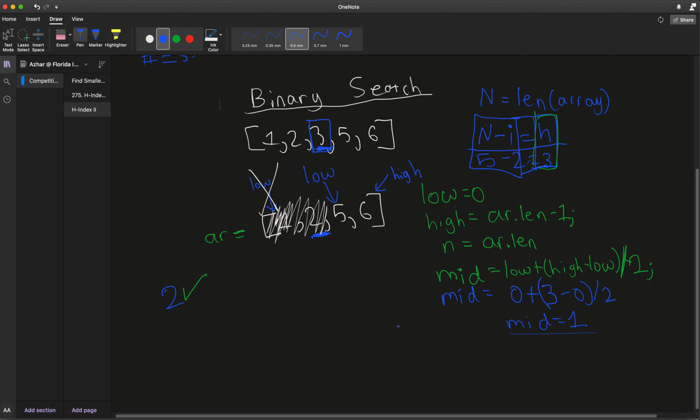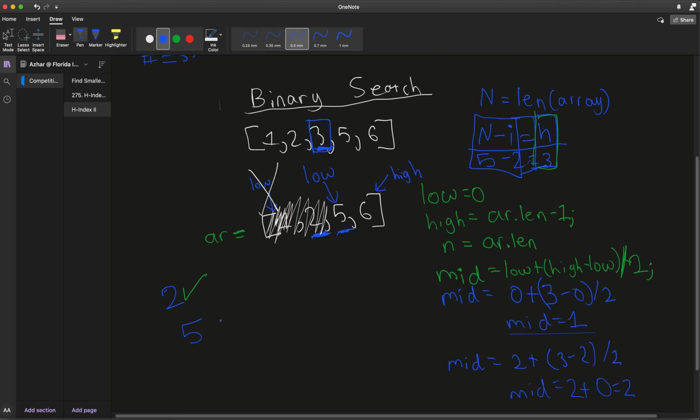So now our new mid is equal to 0, 1, 2 plus... so mid equals (2 plus 0) divided by 2, which equals 2. So mid is 0, 1, 2 here.